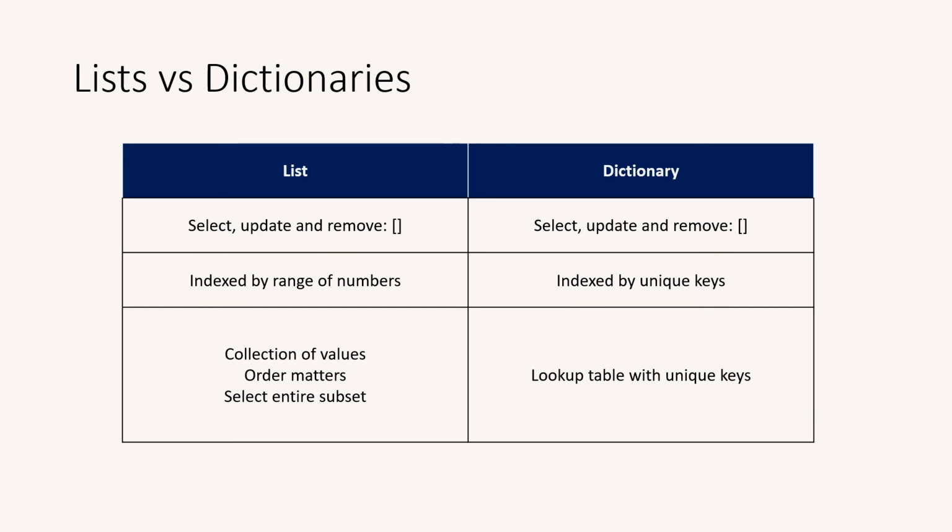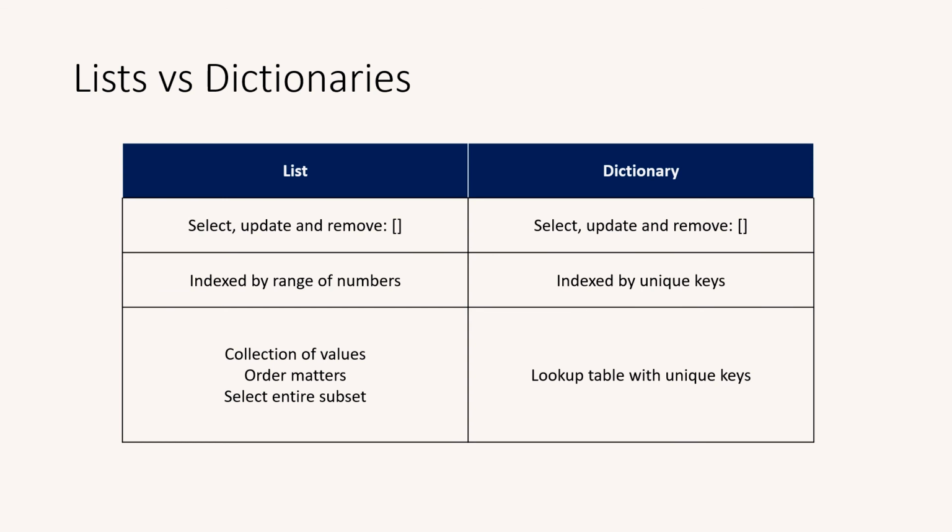In the end, a little side-by-side comparison of lists and dictionaries. Both data structures can do selecting, updating, and removing. The big difference, though, is that lists are indexed by a range of numbers, so it starts with index 0 and so on, and dictionaries are indexed by unique keys. So you don't call for an index, you always call for the key to look up your value. Why does it matter?